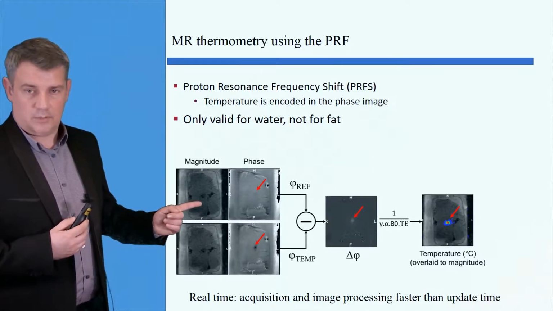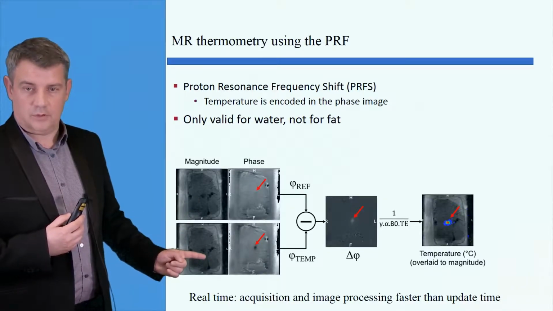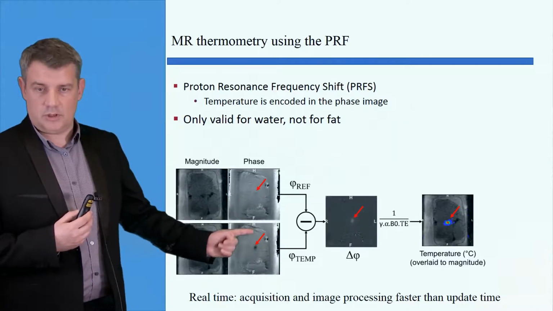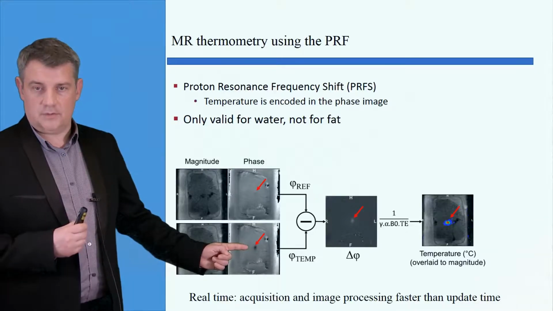Here you have an example with magnitude images acquired before and during the sonication with HIFU, and the corresponding phase images, and you can clearly see a change in the contrast in the phase image.